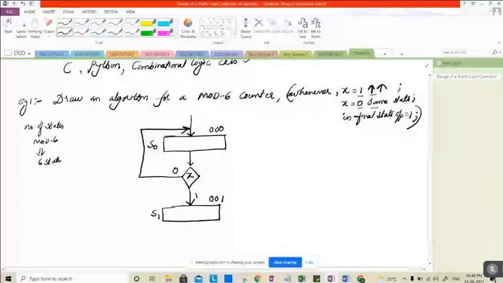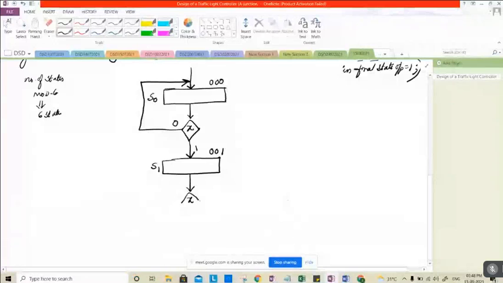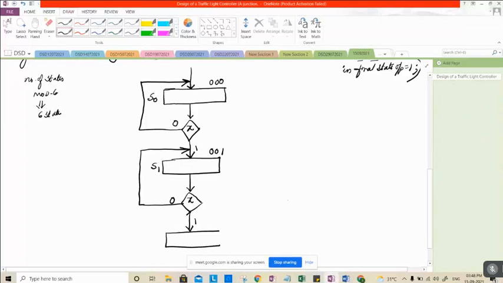After that, again depending upon the value of x, if x is equal to 0, it remains in the same state. If x is equal to 1, it will move on to the next state, which is S2, represented as 0, 1, 0.